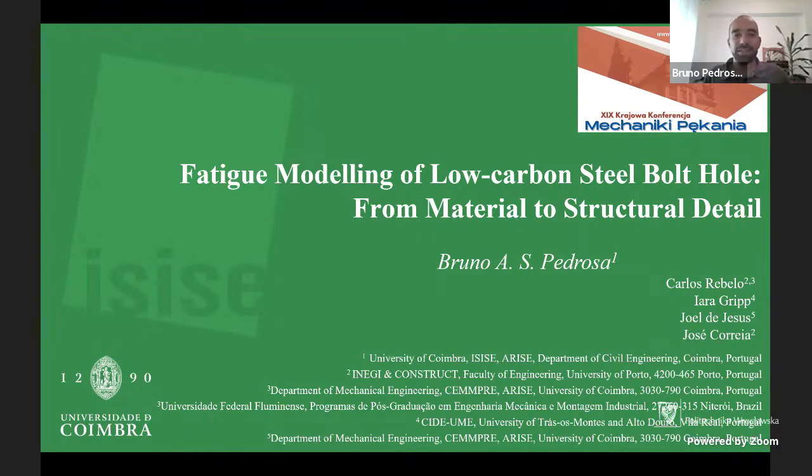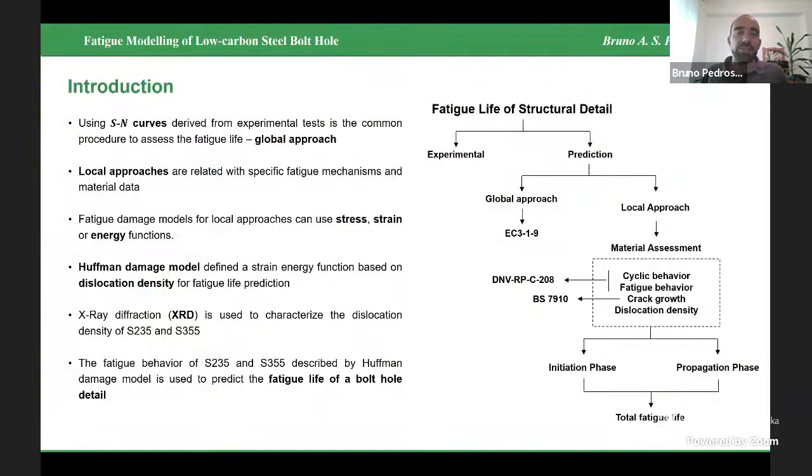Good morning. My name is Bruno Pedrosa, and my presentation is on fatigue modeling of low carbon steel bolt hole from material to structural detail. The typical procedure used for fatigue life assessment is to use the S-N curves derived from experimental tests proposed in the Eurocode, which can be defined as a global approach, since they rely mainly on remote nominal stresses.